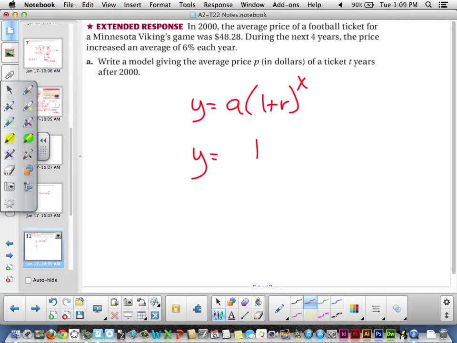So that'd be 1.06. The initial amount is $48.28. And then x represents a variable. We'll put in any number between 1 and 4 to find the price after 2000.